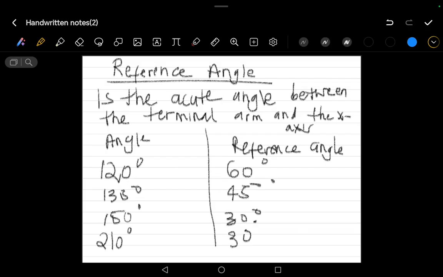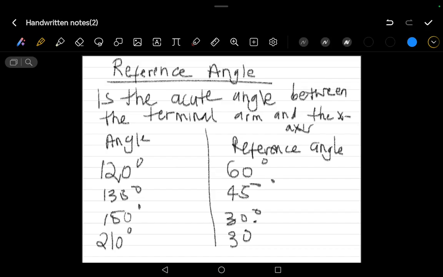Do you get this reference angle? Yes, but I wanted to ask: since 150 and 210 have the same reference angle, are they not equal? Equal how? Both 150 and 210 have a reference angle of 30.